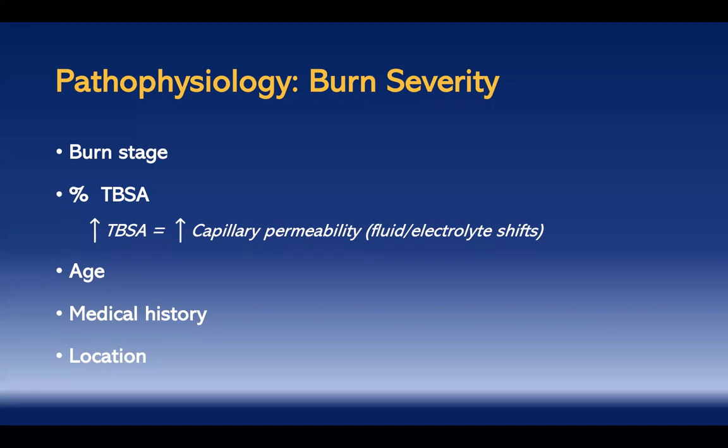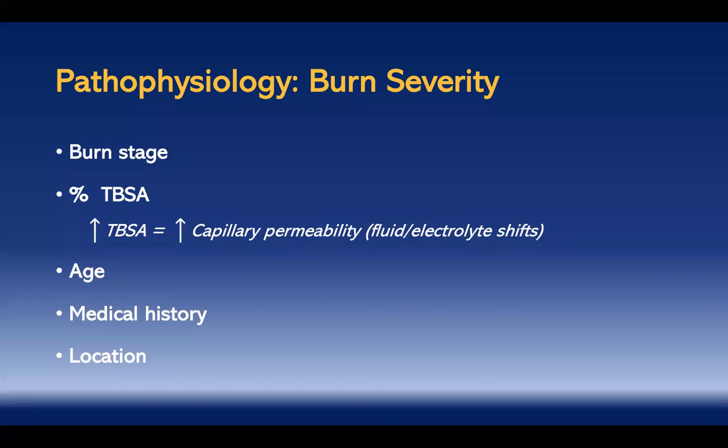So fluid and electrolyte shifts become a risk with increased total body surface area burned. Of course, the very young or the very old will increase severity. Medical history of comorbidities, things like heart failure or diabetes, will make wound healing more complicated. And then the location of the burn, whether it affects the face, the eyes, the nose, the ears, the mouth, the throat, the hands, the feet, and then the perineum and the buttocks.